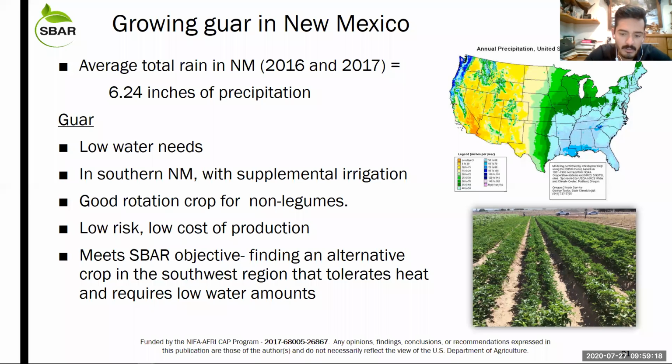So WAR is reported to require a low amount of water, and it could be a good crop rotation from chili, onions, and it's a low cost crop. Can you go to the next one, please?